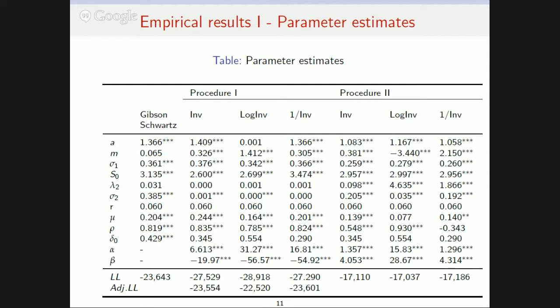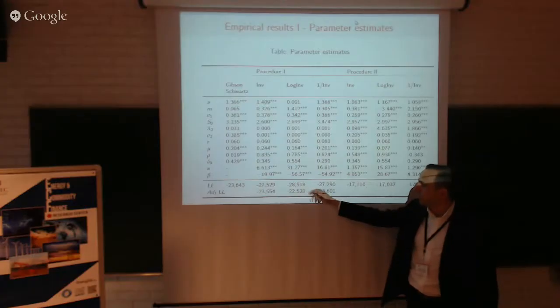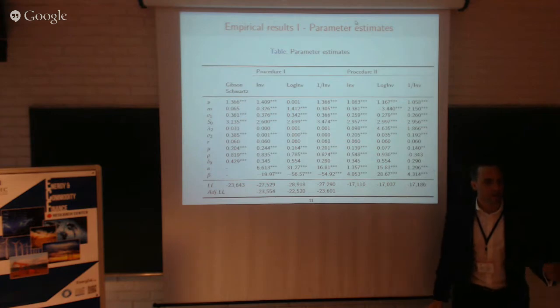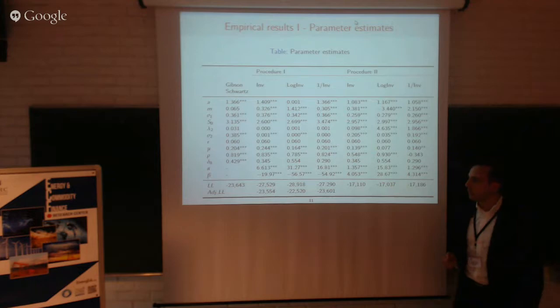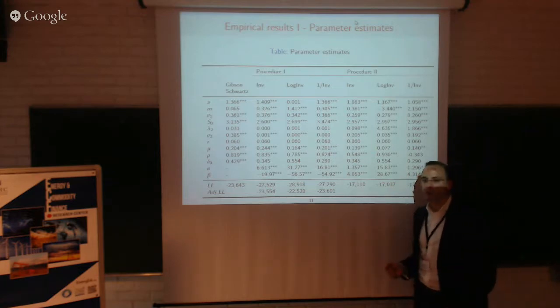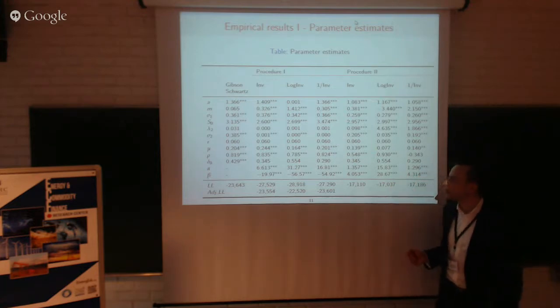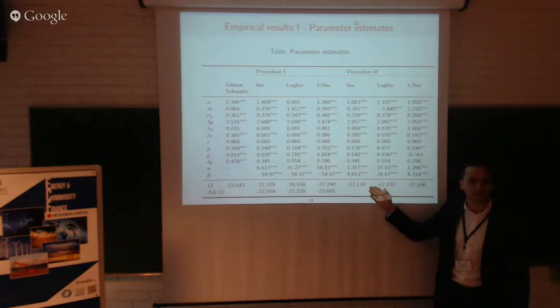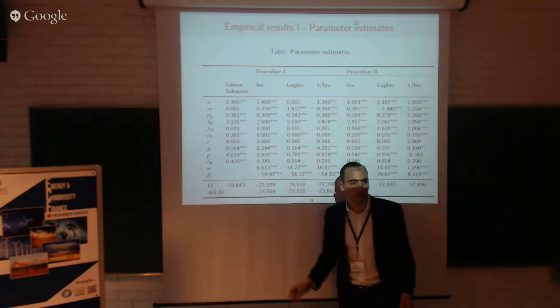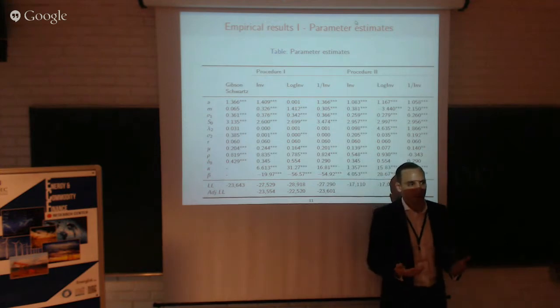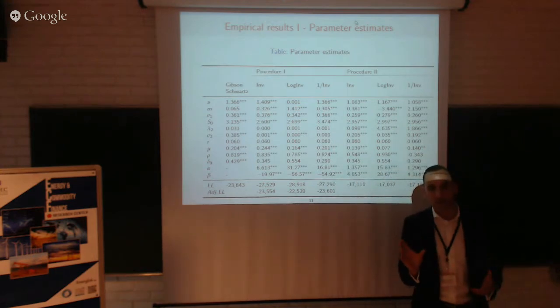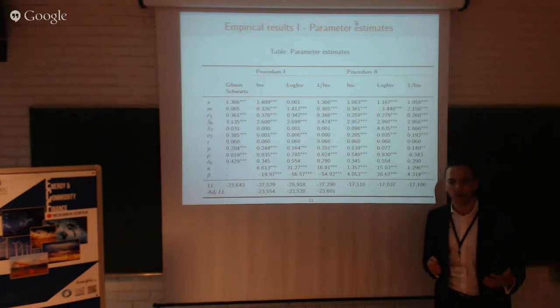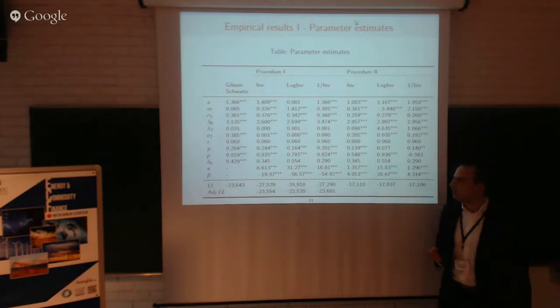Then, of course, we have also reported the log likelihood scores to get a first feeling about how our model performs in sample. It's not very surprising that the log likelihood scores are a bit weaker in comparison to the Gibson and Schwartz model, because as you have seen, we have now used the structural relation, which makes the model not so easy to fit in sample.